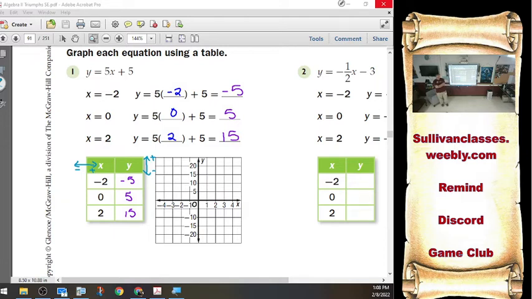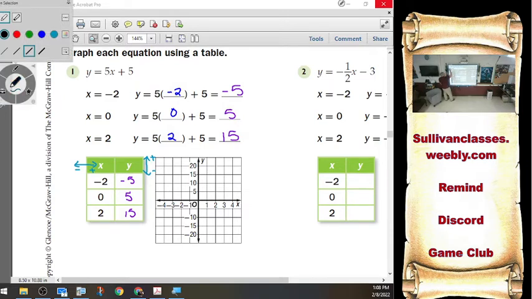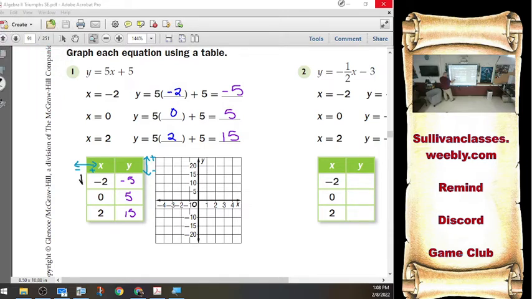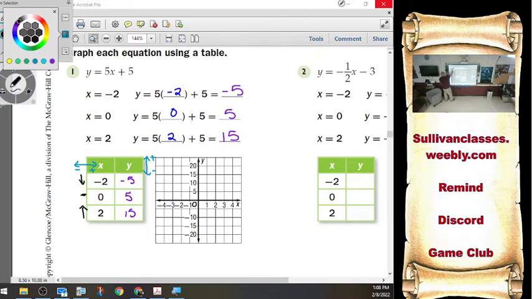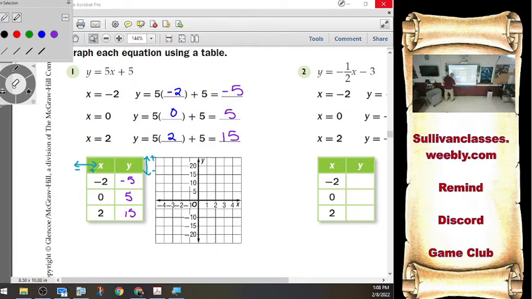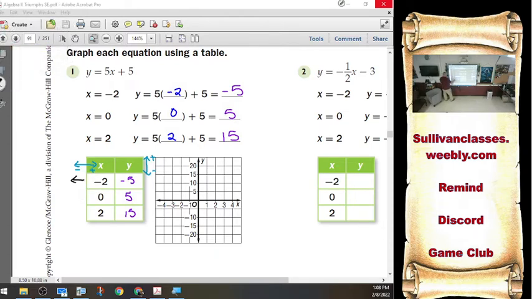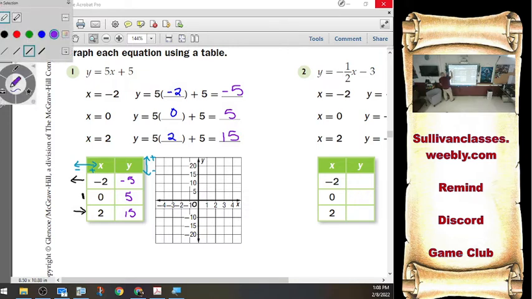What I've had kids do with these in the past is next to these, they'll write what their directions are. This is down 2. This is no up or down. This is up 2. I wrote those backwards. Left 2. No left or right. Right 2.